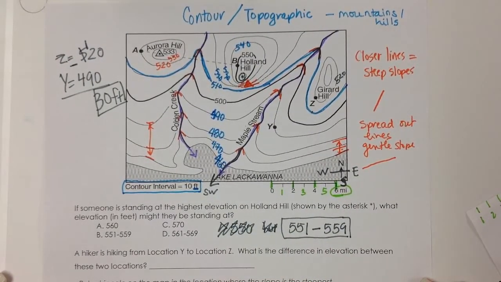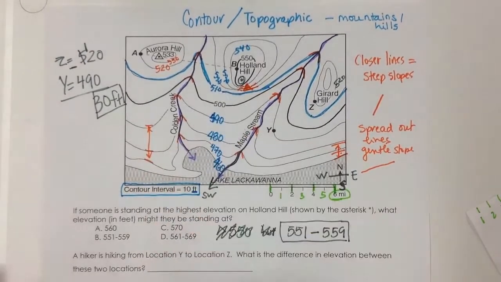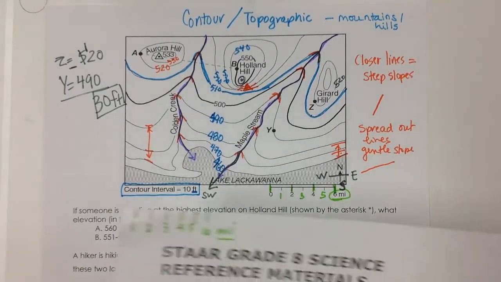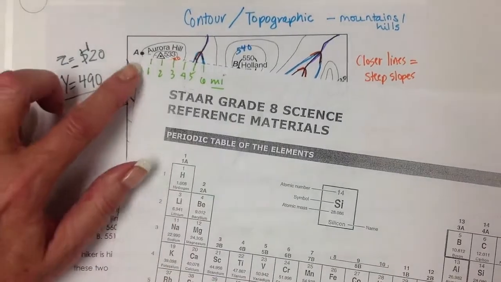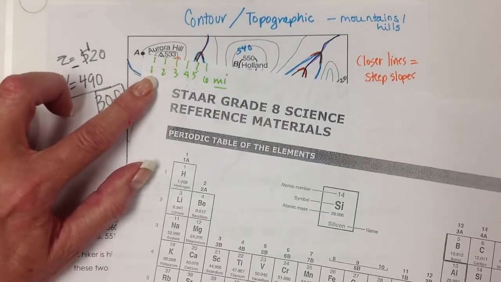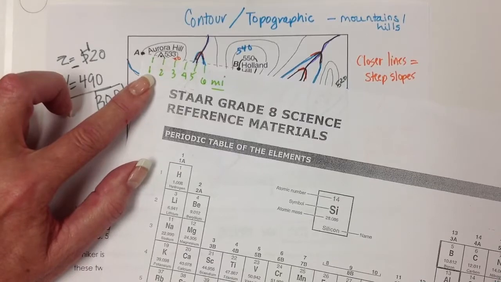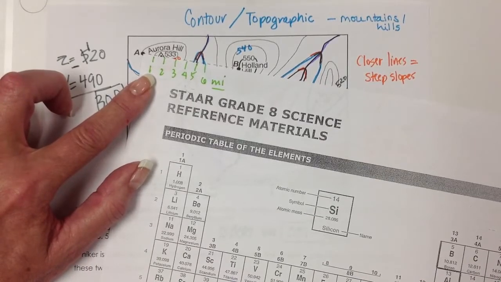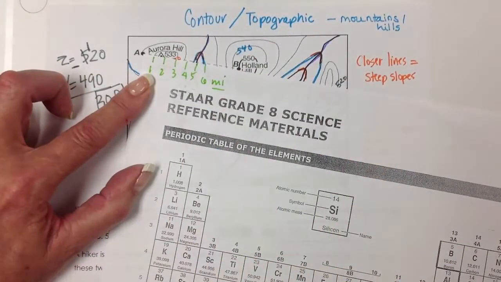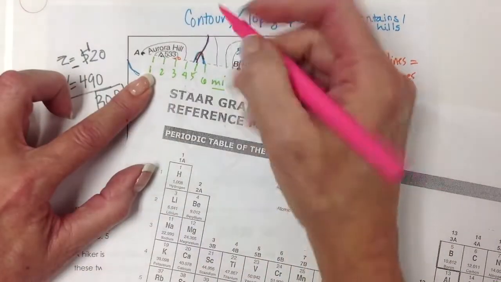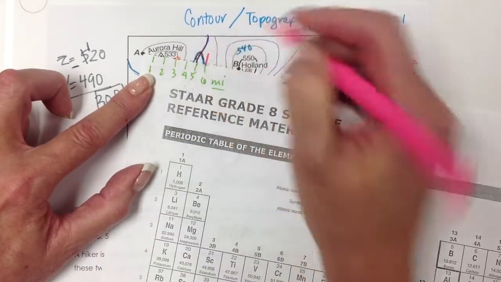Distance from A to B to the nearest mile. Okay, instead of looking at differences in elevation, they're wanting us to calculate the distance here. Remember, I have to start all the way at the corner because that is where my 0 mark was. Now I'm going to have to do some counting here because this would be 6 miles, that point.